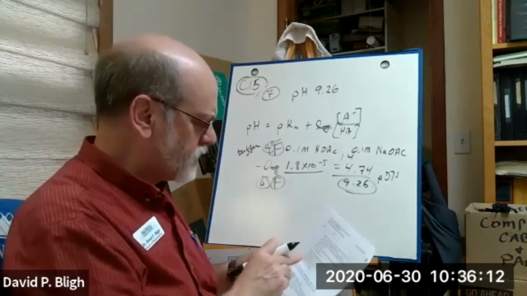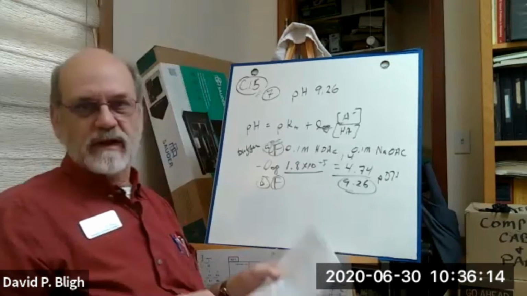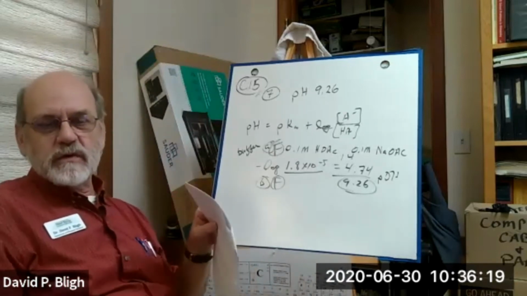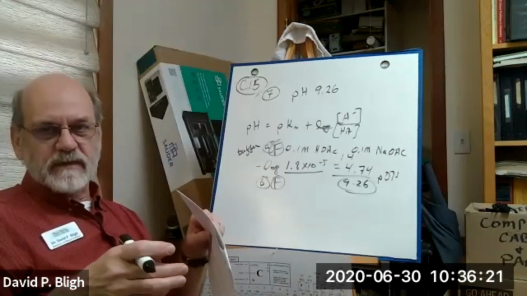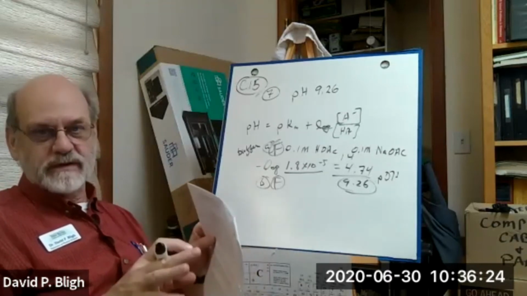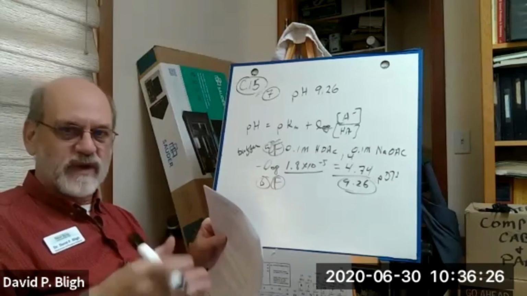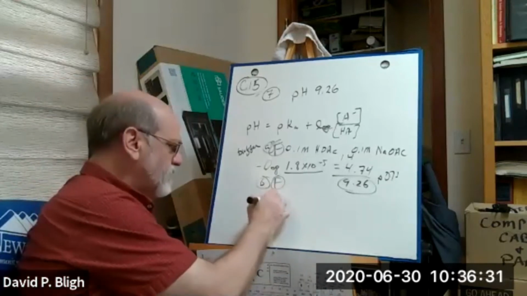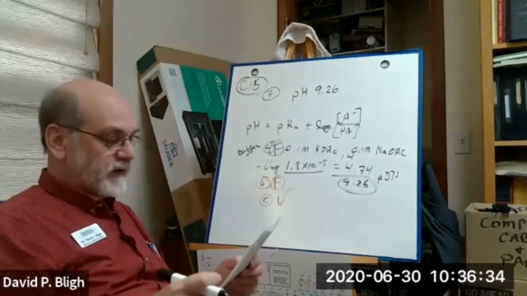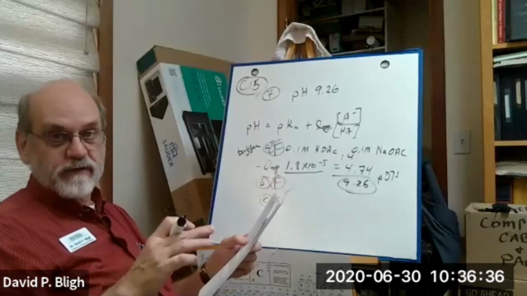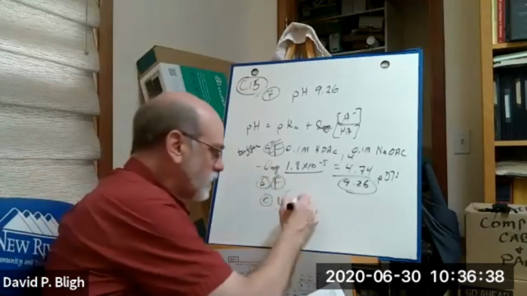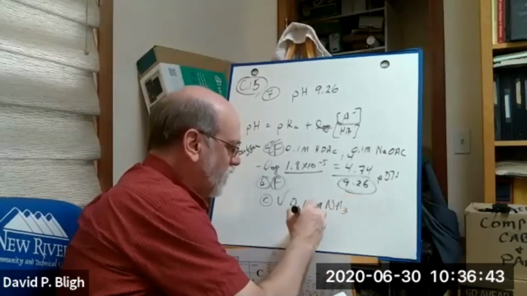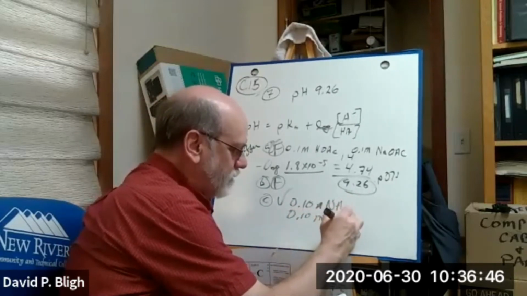Let's look at the question. Which of the following solutions would be the best buffer? Best. Right? Best refers to what's the buffer capacity. Which one can stand the most addition of acid or base? Right? So that's what had me puzzled, because C is definitely an ammonium buffer because it's 0.1 molar of that and 0.1 molar of that.